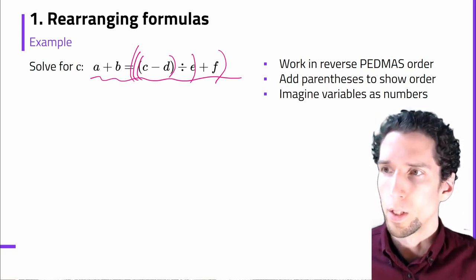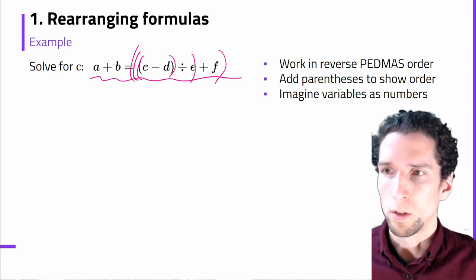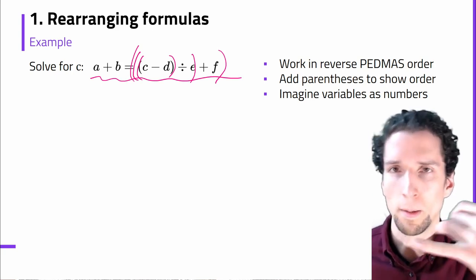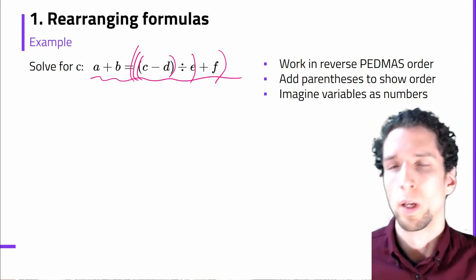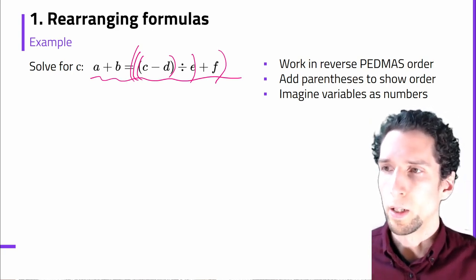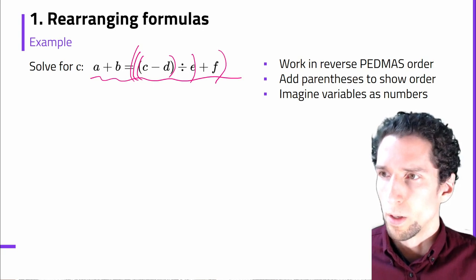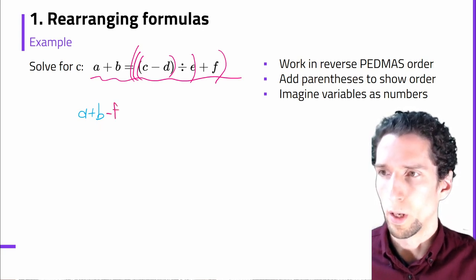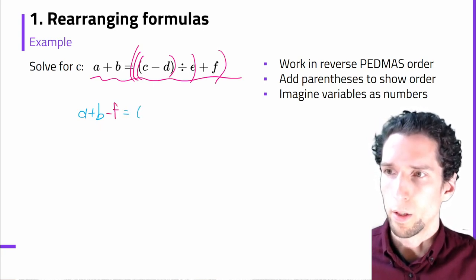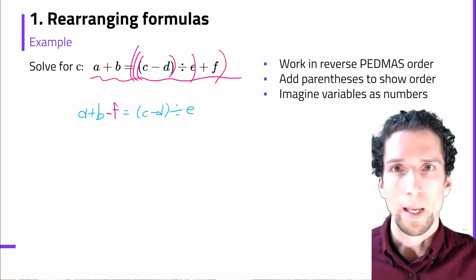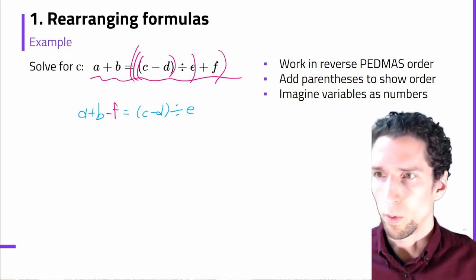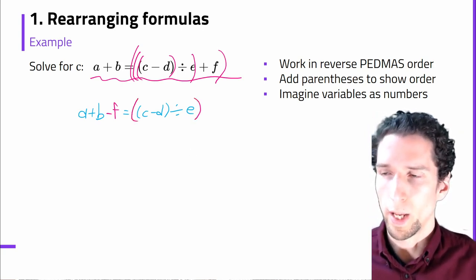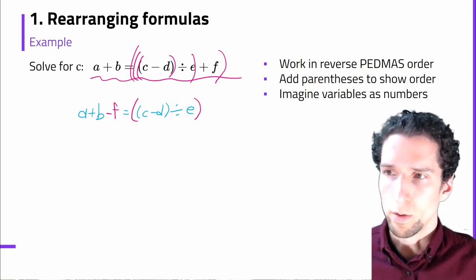First step, I'm not going to write the minus F on both sides, I'll just skip that part to save us some space. So A plus B, C minus D divided by E. Okay, so we did that part. We still have these second outer brackets to deal with.